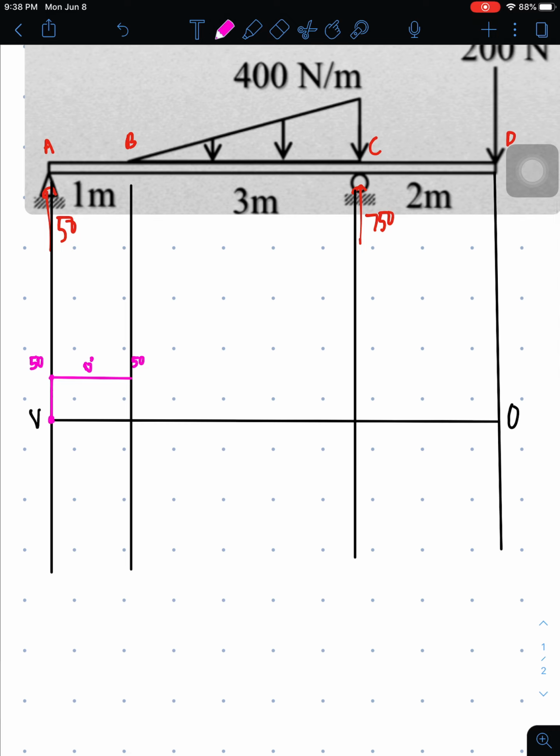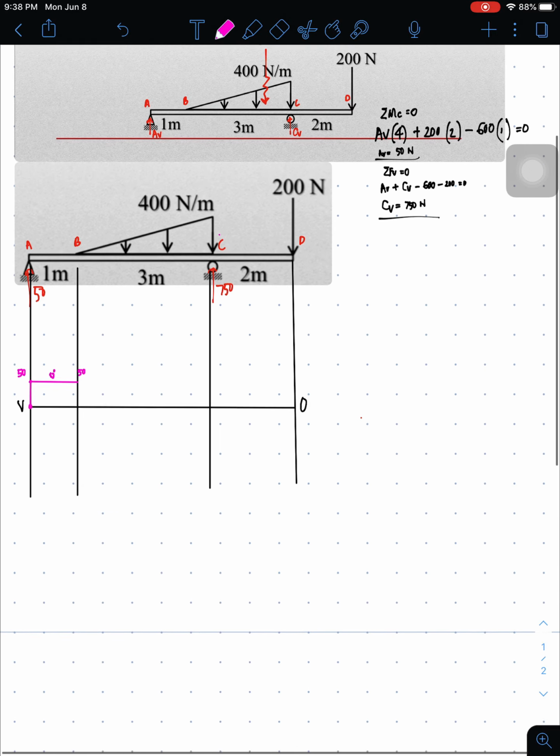Next, at point B, there is no concentrated load, so the line just continues. Okay, so from B to C, at point C, there is a concentrated load because of this 750, so there would be 2 points in our shear. But the first point would be the area between B to C. As you can see, the area is 600.